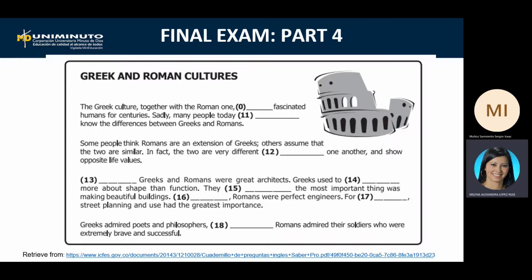Greeks used to worry more about shape than function. They believed the most important thing was making beautiful buildings, but I'm going to contrast that idea. So what is the option? Not indeed. However. Yes, however, because we are going to contrast the first idea, talking about Greeks, with the opposite, the Romans.